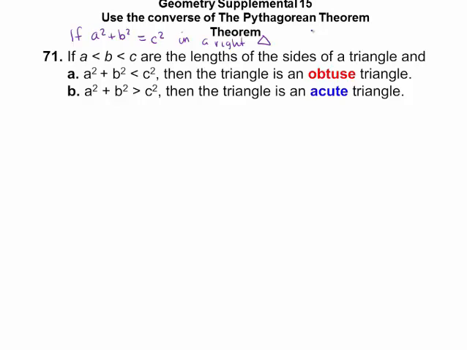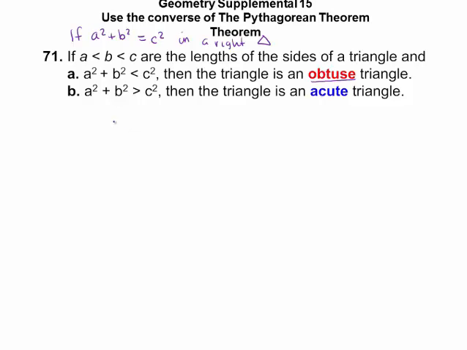And if it opens less than 90, it's going to make it smaller, right? Because it's bigger than 90, smaller than 90. So what happens is if a squared plus b squared does not equal c squared, but it's less than c squared, you have an obtuse triangle because that angle is opening bigger. And if it's bigger than c squared, you have an acute triangle because that angle opens smaller.